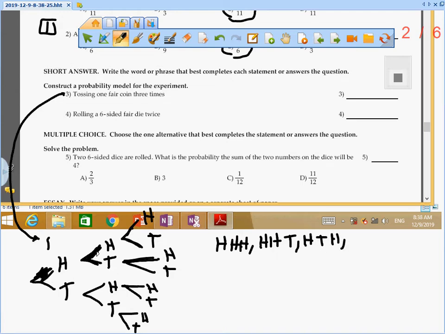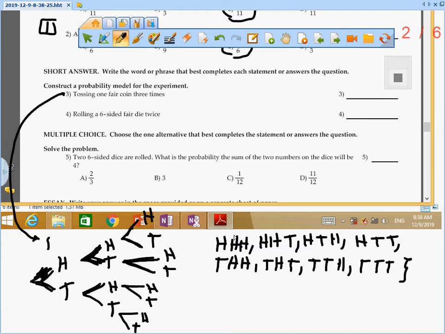Then head, tail, tail, then tail, head, head, tail, head, tail, and so on. This is the sample space I may have when I throw a coin 3 times.